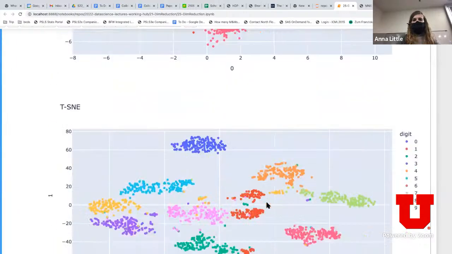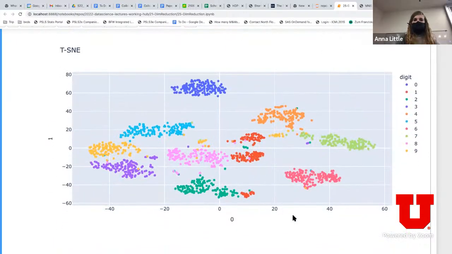Okay, now you can compare this with what you get from t-SNE. So this is what you get with one of the nonlinear dimension reduction methods. And this is not perfect by any means, but you can see how much better you can visualize those clusters in just 2 dimensions. With only 2 dimensions, we're still seeing really pretty good separation between the digits.